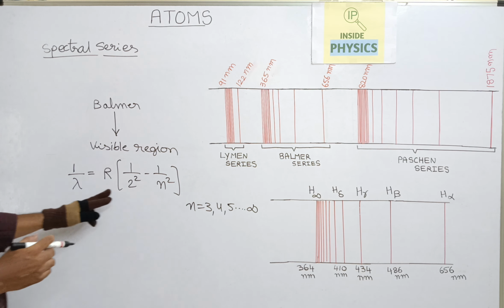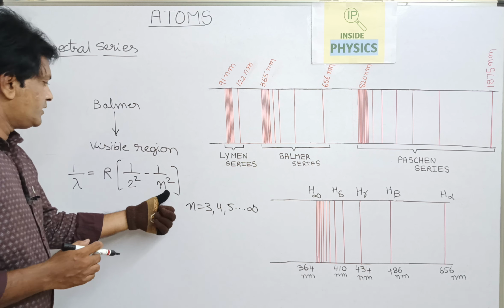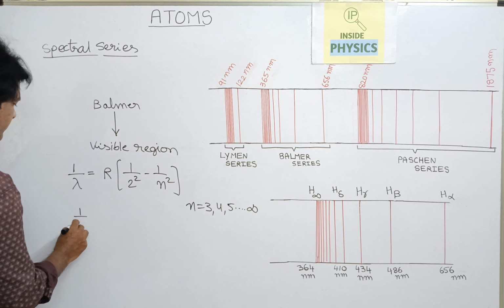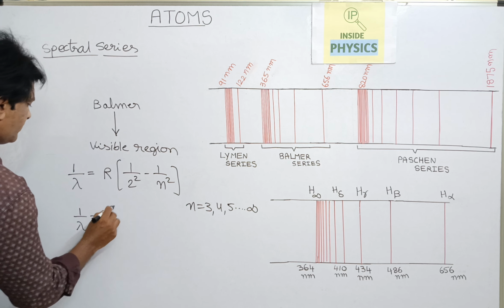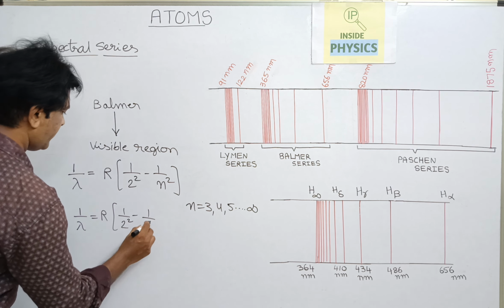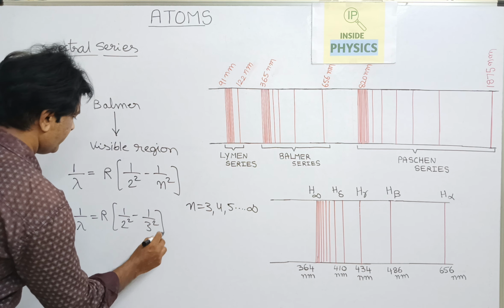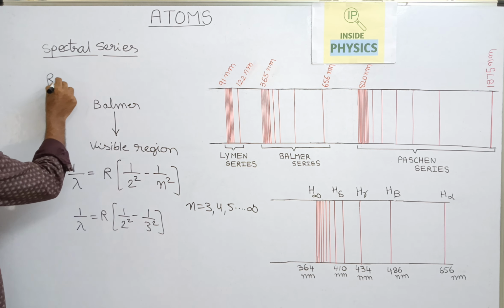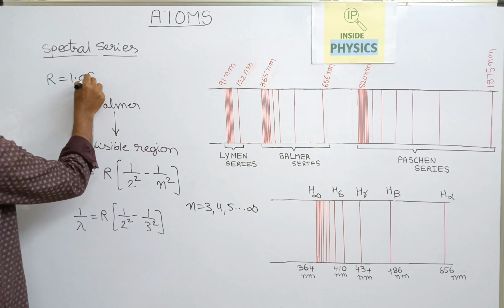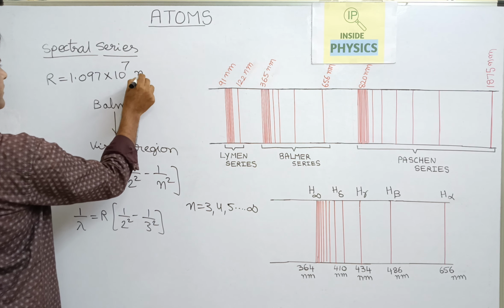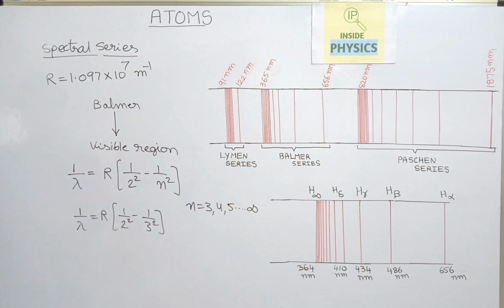If you put 3 here, 1 by lambda is equal to R into (1 by 2 square minus 1 by 3 square). Here R is the Rydberg constant and its value is 1.097 into 10 to the power of 7 per meter. This is the value of the Rydberg constant.